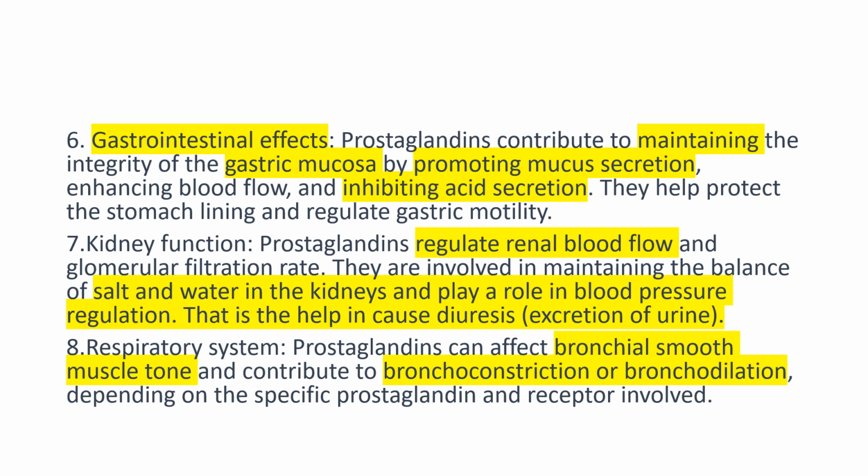Now coming to the kidney functions. Prostaglandins regulate renal blood flow and GFR, the glomerular filtration rate. They are involved in maintaining the balance of salt and water in the kidneys and play a role in blood pressure regulation. That is, they help in causing diuresis. Diuresis means excretion of urine.